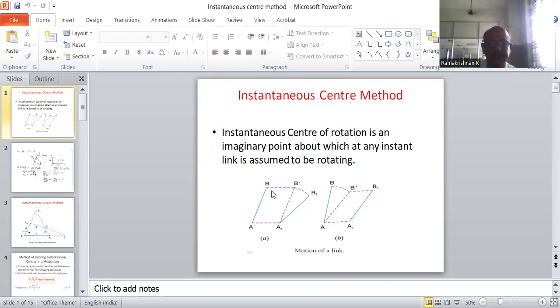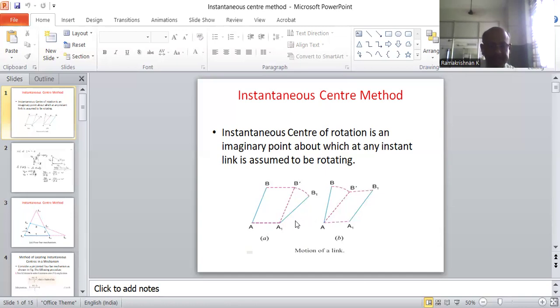The link is rotating and attains the final position A1, B1 about a center called the instantaneous center.